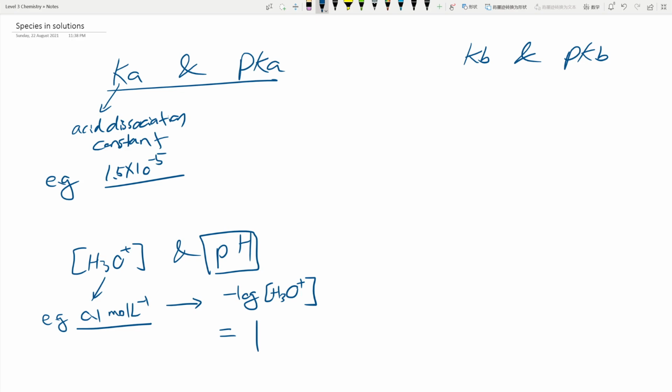So same thing with Ka. We'll go back to here. If we go back to the Ka and pKa, Ka is a constant. It's normally a very small number, and we don't like communicating with small numbers. If I write 1.5 times 10 to the power negative 5 on the back of a product that's weakly acidic, hardly anyone's going to understand that.